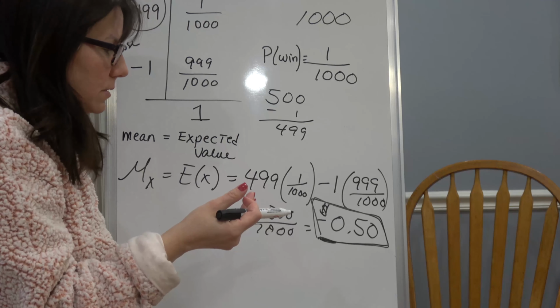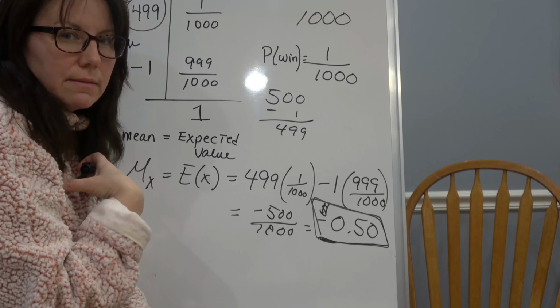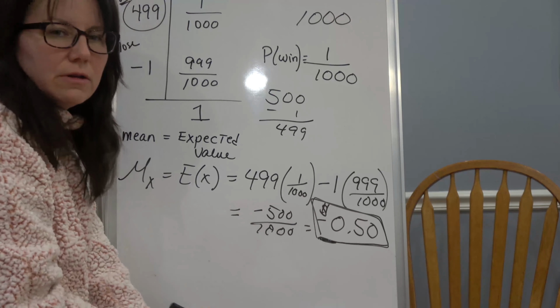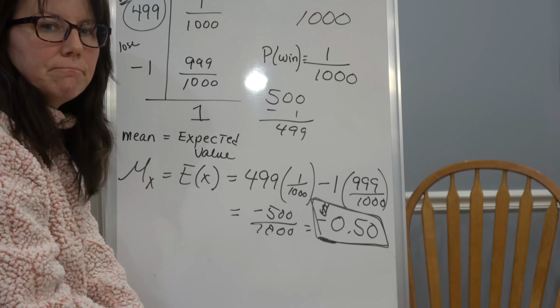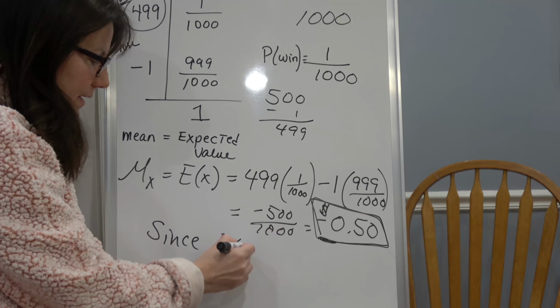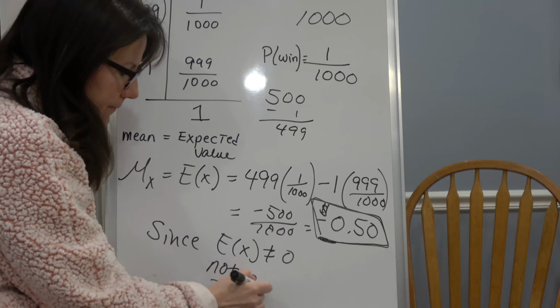So this certainly is not a fair game at all because I'm losing. If this was 0, then it would be considered a fair game. So since expected value does not equal 0, not a fair game.